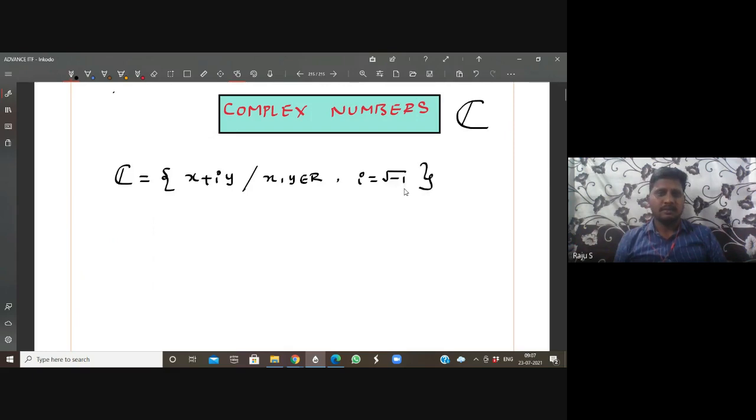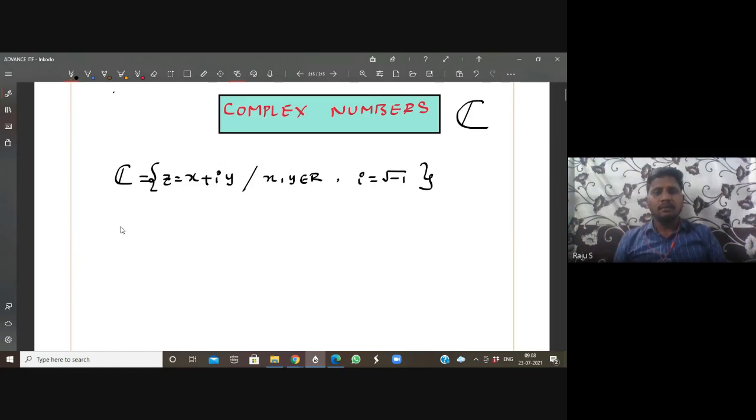This X plus iota Y can generally be denoted by Z. All complex numbers are given by Z. You may write X plus iota Y, or A plus iota B, P plus iota Q, or S plus iota T, your wish.